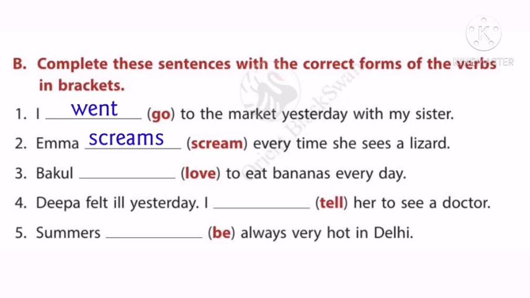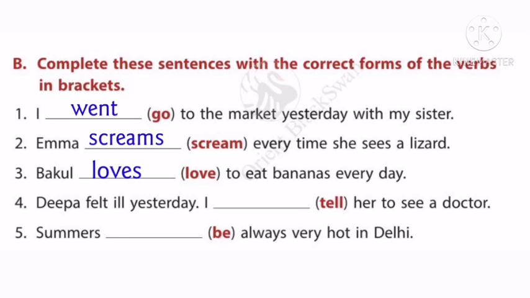What is the verb given in the bracket? It is love. So we have to add s with the verb. See the verb eat. It is also in present tense. So we have to write the sentence like: Bakul loves to eat bananas every day. The subject is singular, so we add s with the verb given in the bracket.